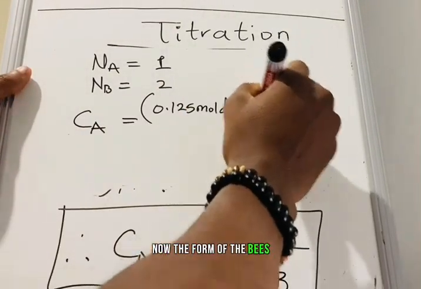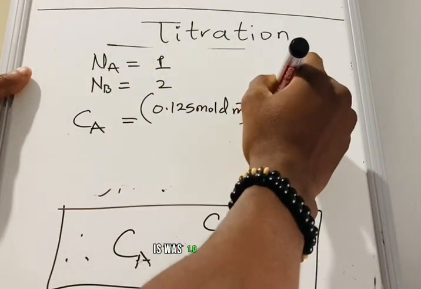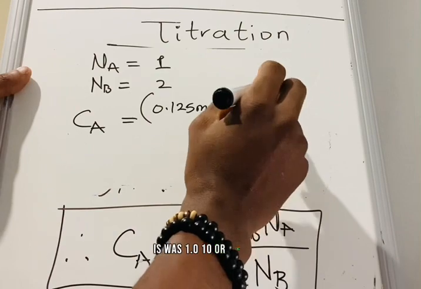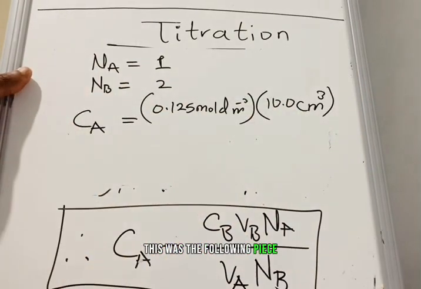Now the volume of the base was 10.0 cm³. This was the volume of the base.